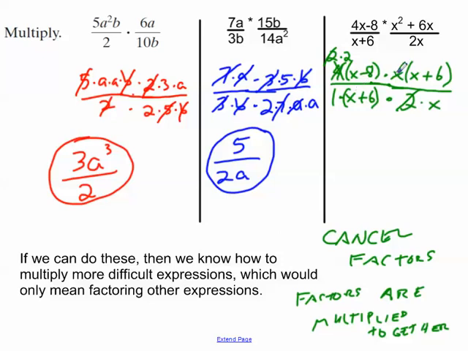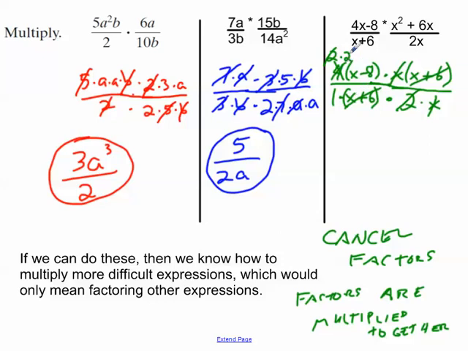But this x here does cancel with that x because they are factors. x divided by x is 1. They're factors. They can cancel. Here's an x plus 6. That x plus 6 cancels with that x plus 6 because they are factors. x plus 6 divided by x plus 6 is 1. Goes away.